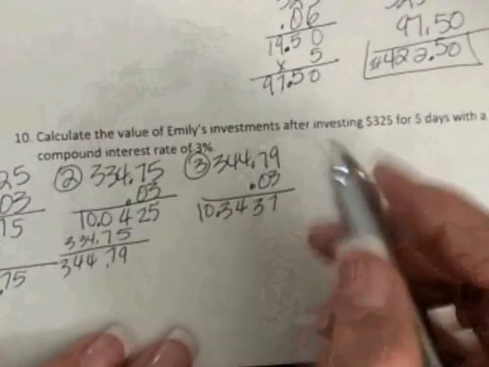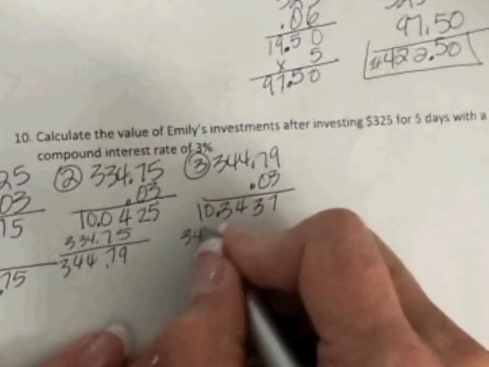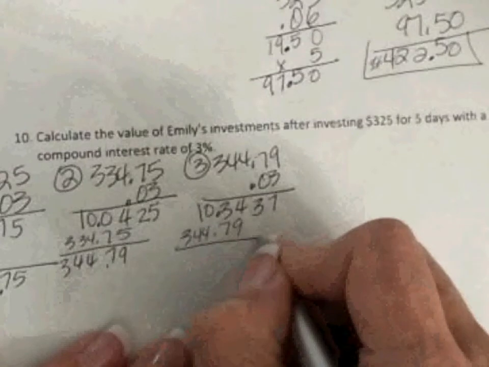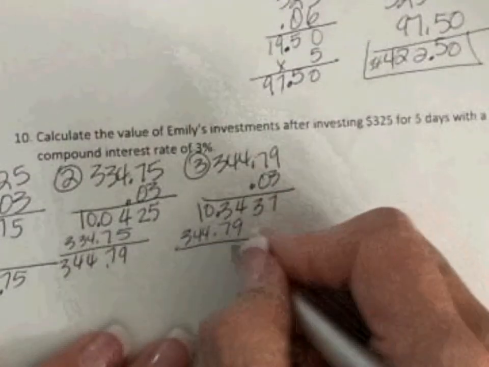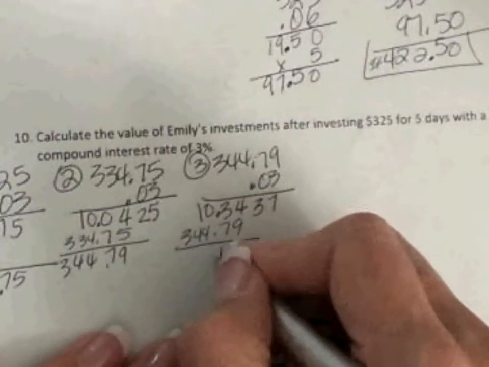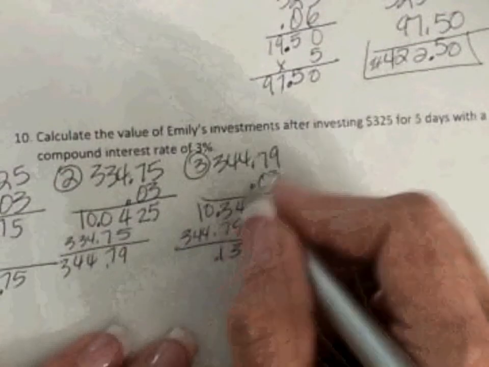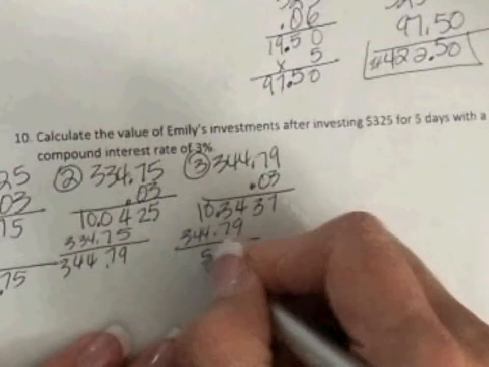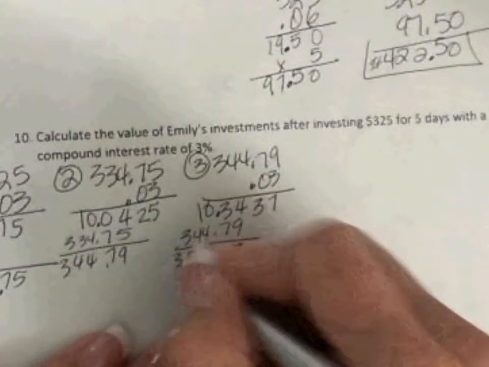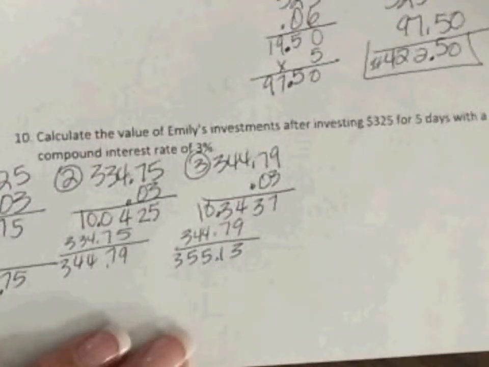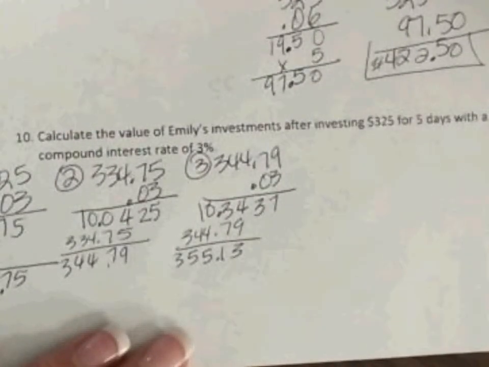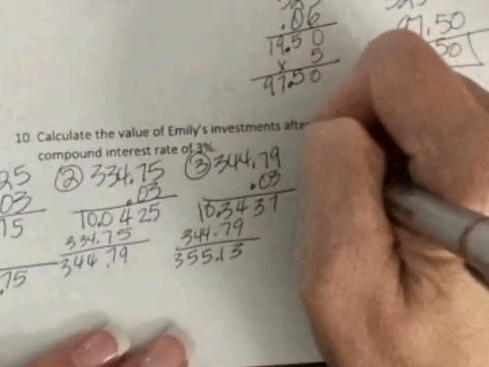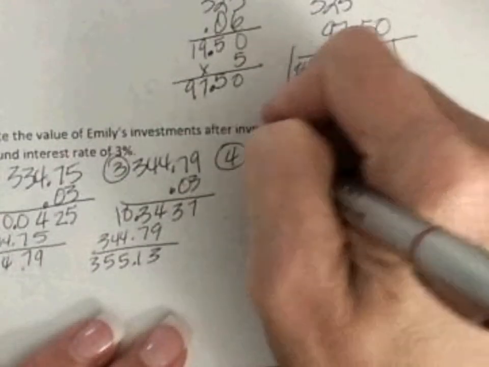I'm going to add it to my principal that I started with today. Okay, so I have $355.13 now to start day 4.